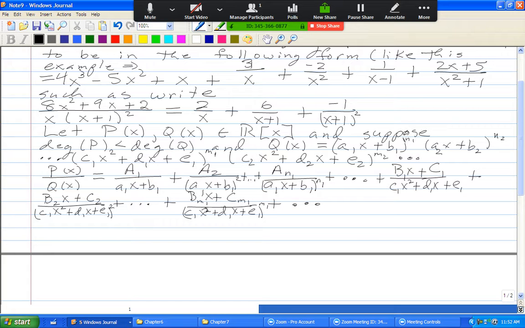Okay, so the way you determine the coefficients, well, you'll have a whole bunch of equations, and you can just set the coefficients equal and solve for it. So it's solving for undetermined coefficients.